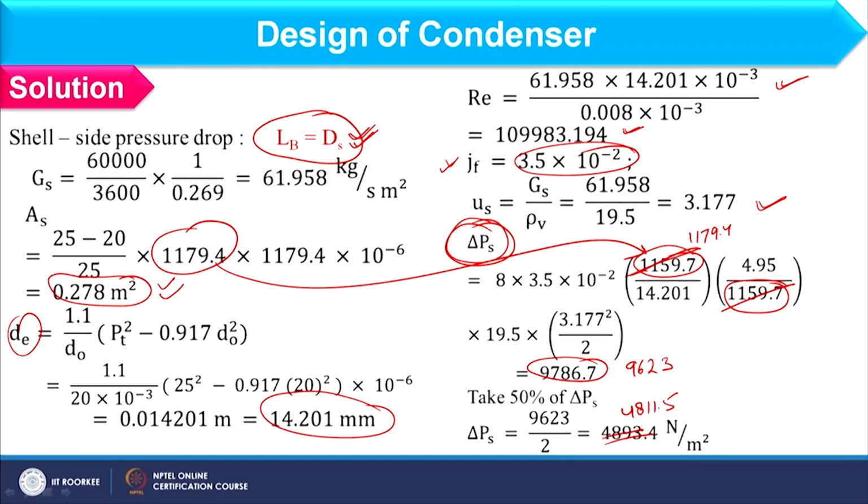Why I have divided? Because you have to consider pressure drop in shell side as 50% of whatever you will obtain with vapor velocity as well as vapor properties. Okay. So, in condensation side we have to find out the pressure drop considering the vapor velocity as well as vapor property, and accordingly you have to reduce the pressure drop in condensation side by 50%.